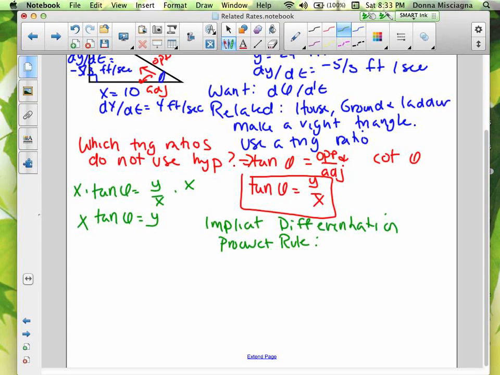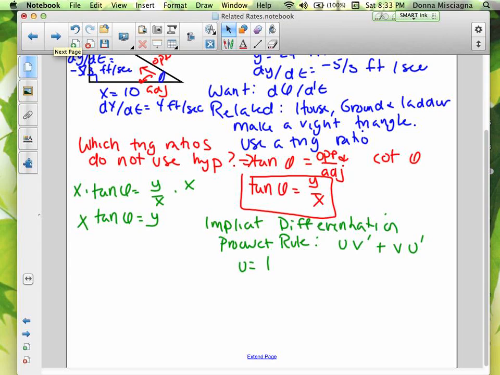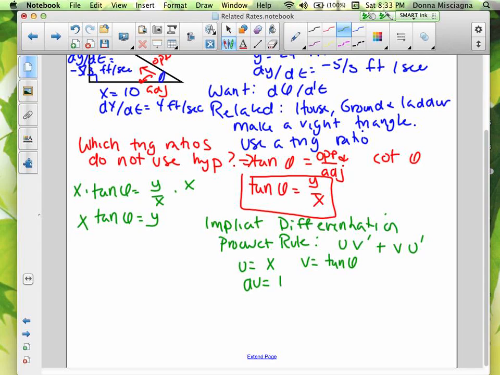Remember, product rule is the first times the derivative of the second plus the second times the derivative of the first. So u is x. Derivative of that is going to be 1. And v is tangent theta.